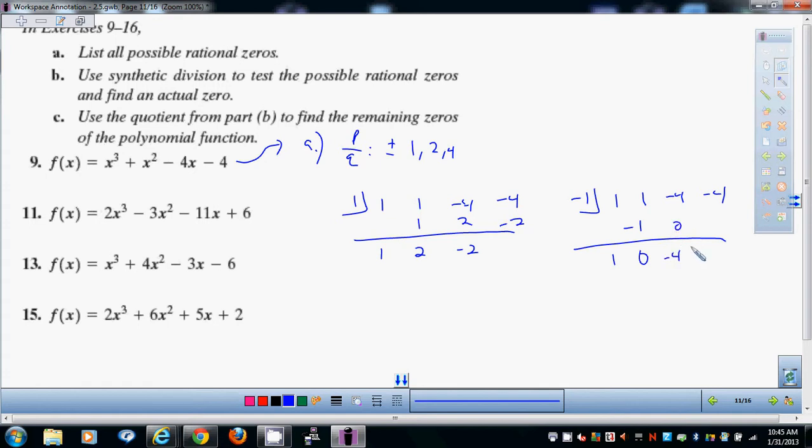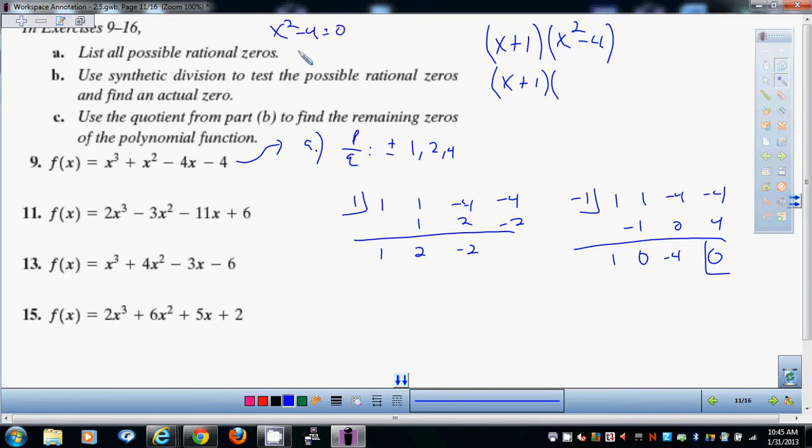Yes, which means I've currently factored it down to this. X plus 1 with a depressed polynomial of x squared minus 4. Now, if you're a good factorer, then by all means just factor that thing. What would that factor down into? Remember, if you don't have a b term, you could always just set that equal to 0. If you're ever missing a middle term, just set it equal to 0. Add the 4.